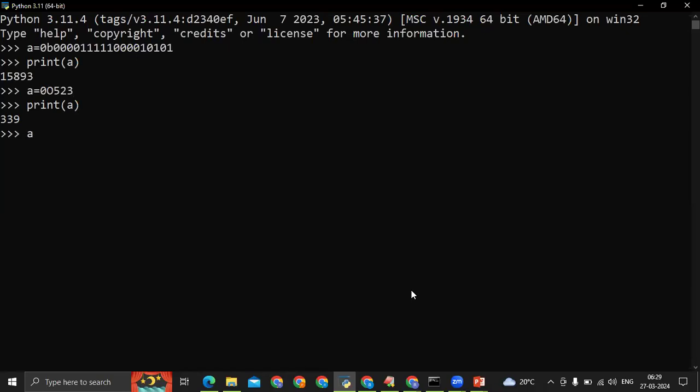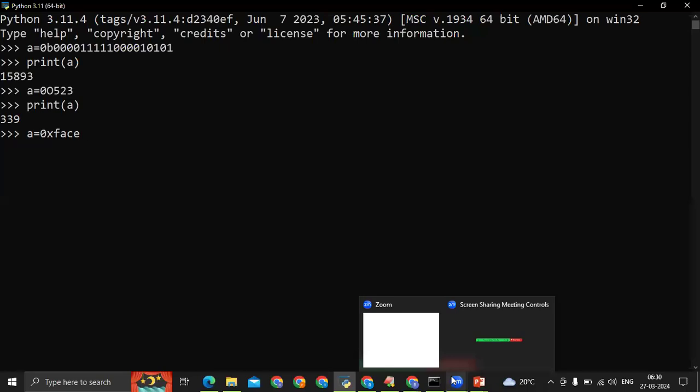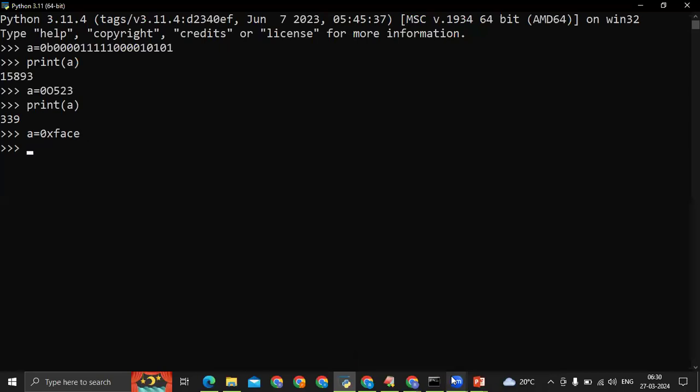Now, let's go ahead with the hexadecimal. 0x. Let me write a value. Now, if I write print A, I'll get the output. Clear to everyone?